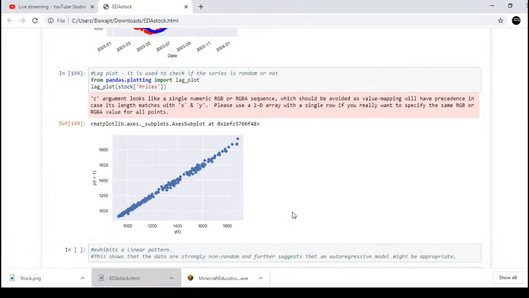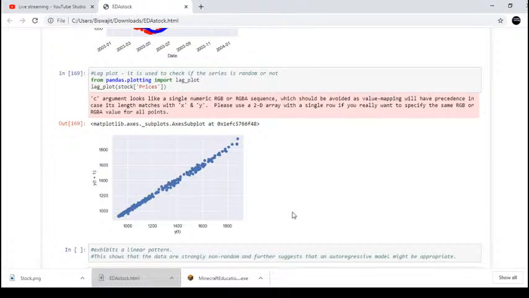The rule of thumb here is that if the plot looks very linear, then there exists some pattern. If it does not look linear, then there is no pattern. That means you simply cannot build a forecasting model using this data. That's what it means basically, right?